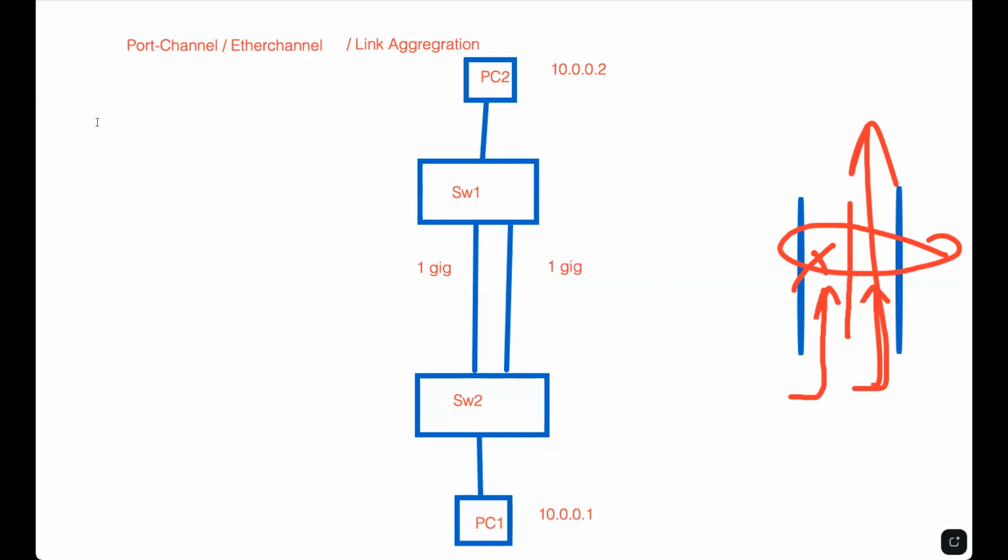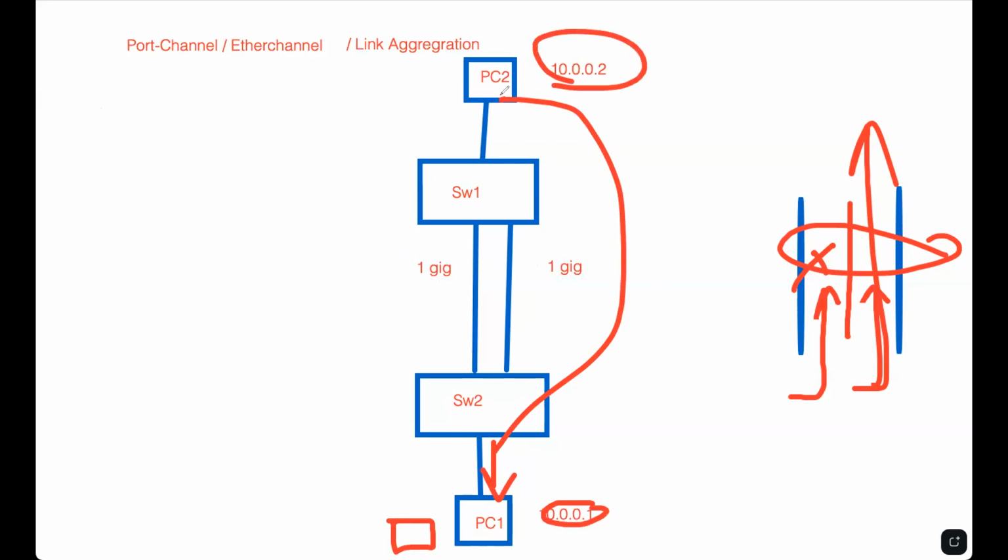Now PC2 is trying to download a big file, an image or a movie, from PC1. They start the download, and what is the maximum speed PC2 will be able to download the file at? We have two links here, 1 gig and 1 gig.